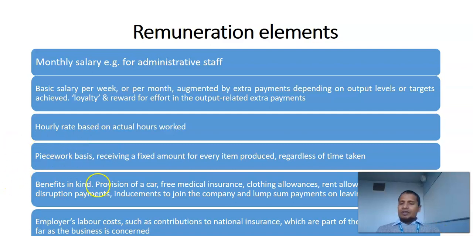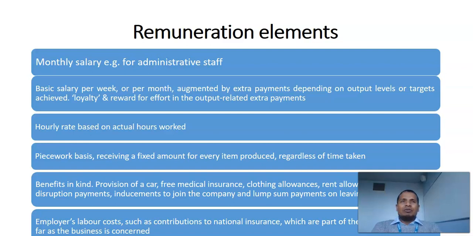So as we mentioned before, there are different kinds of benefits employees can get, like a car, medical insurance or clothing allowances. For example, some staff, particularly at the factory, need a special kind of clothes to wear while working, so the organization can give them clothes.